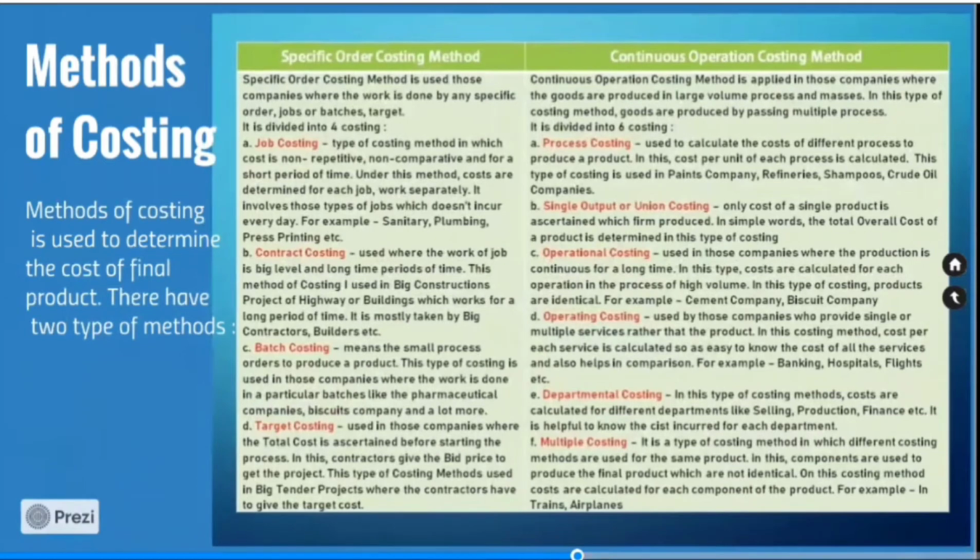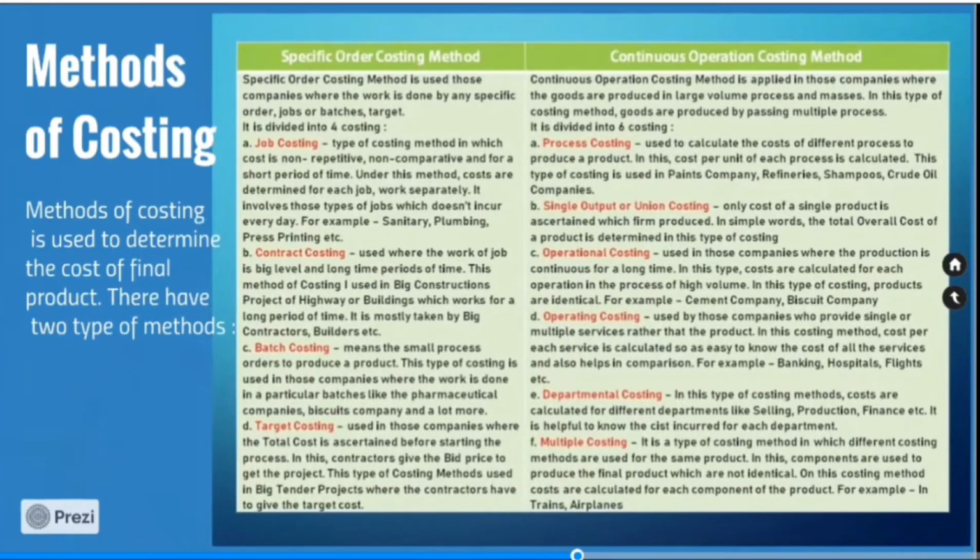Examples are pharmaceutical companies, biscuit companies, and a lot more. And last, target costing is used in those companies where the total cost is ascertained before starting the process. Itu adalah specific order cost method. Ada 4, ingat tu.